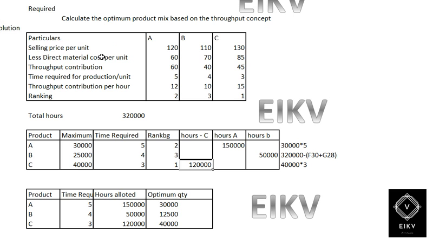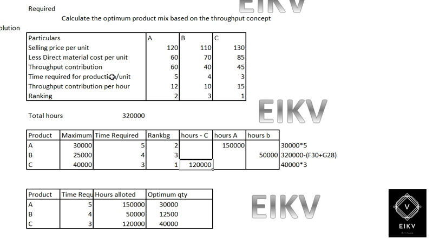Then I deducted the material cost, which is 60, 70, and 85, and we get the throughput contribution. Throughput contribution is nothing but selling price minus material cost. No other variable cost or expense is considered in computing throughput contribution. So we get a contribution of 60, 40, and 45.